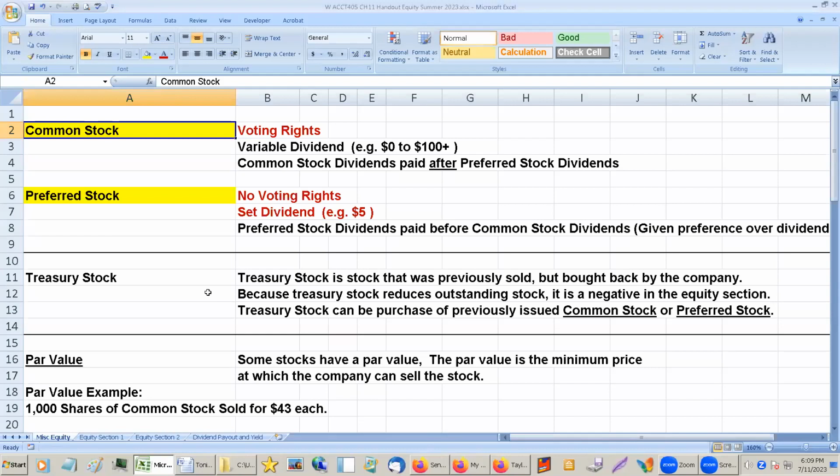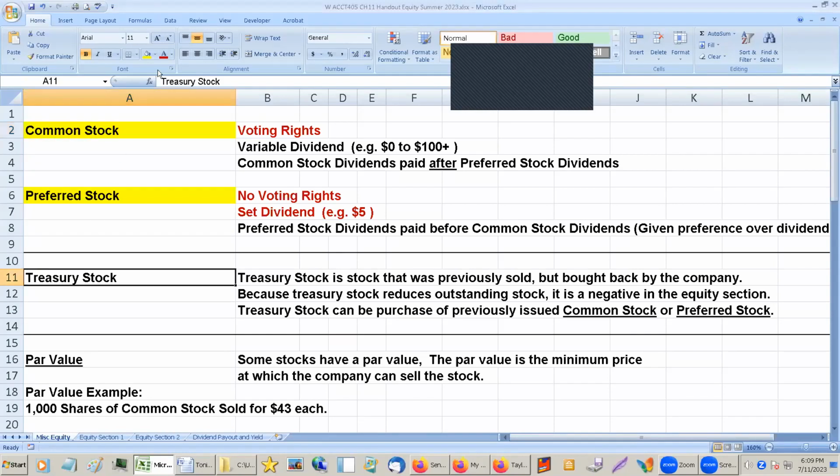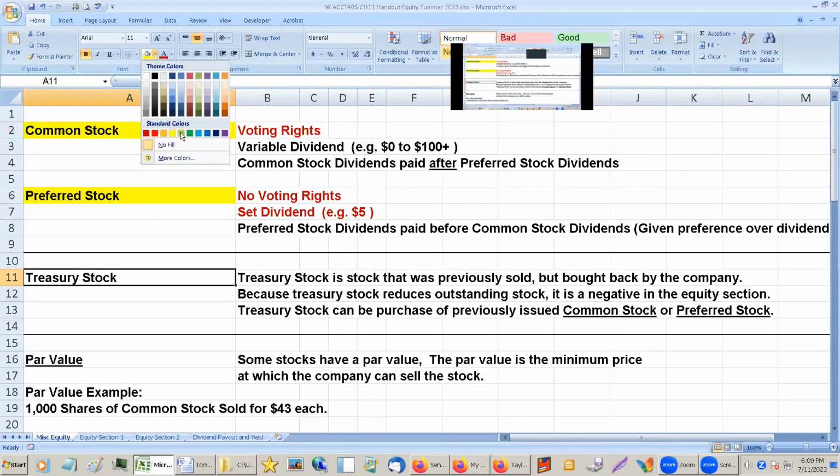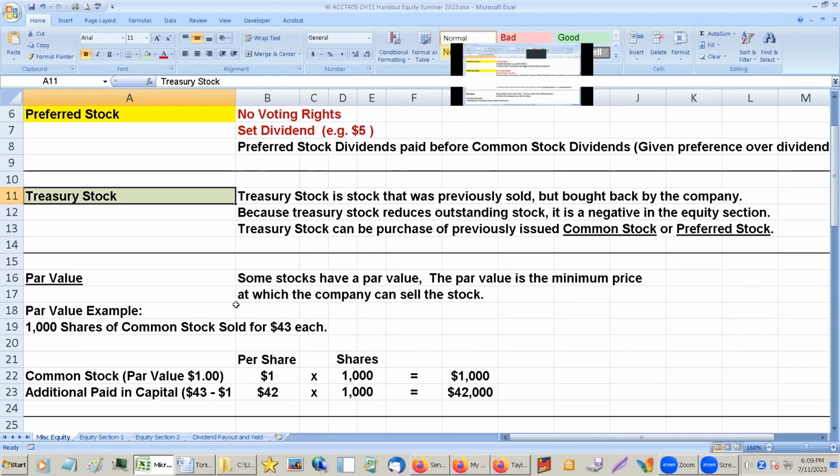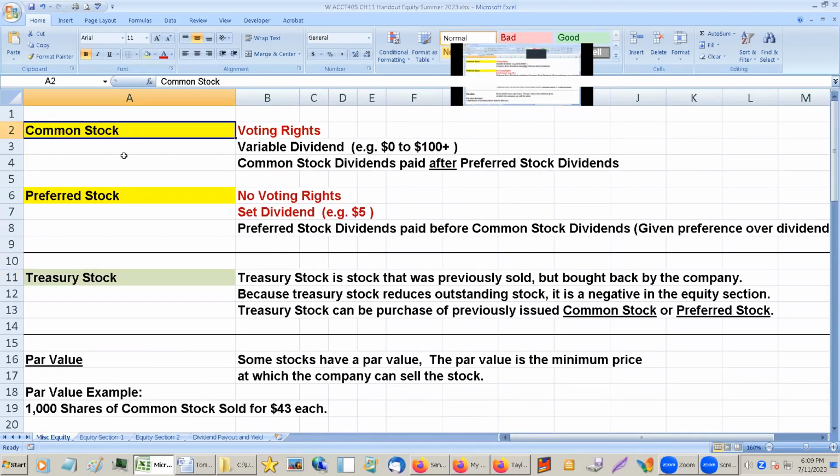Okay. Treasury stock. Treasury stock is when a company buys back its own stock. And it could be common stock or it could be preferred stock, either one. But treasury stock is when a company buys back its own stock. It reduces the ownership, so treasury stock is actually going to be a negative.